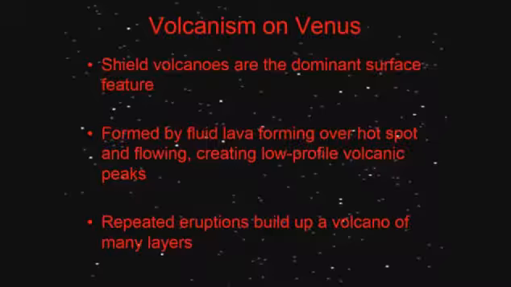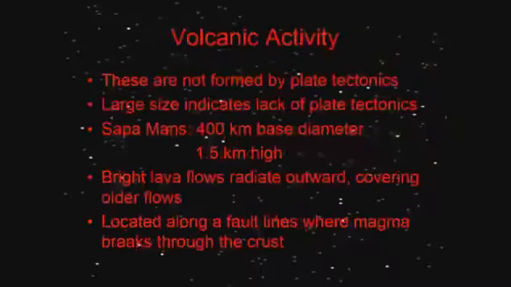And then they erupt and they erupt and they erupt, and they produce a volcano with tons of layers on it. So these volcanoes aren't formed by plate tectonics like an Earth mountain. In fact, the huge size of these volcanoes indicates there probably isn't much plate activity. The volcano Sapper Mons is about 400 kilometers across and is about 1.5 kilometers high.